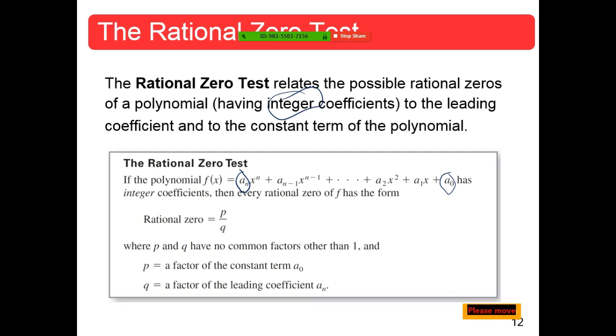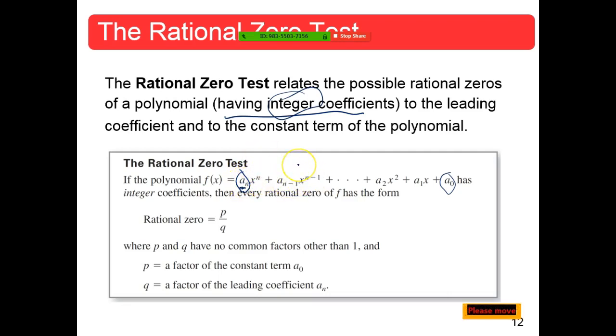Okay? Now, I want you to remember what had to be true. This a sub n can be anything, any integer now. All these a's have to be integers now for this to work. Okay? Rational zeros test. They're all integers, but this one cannot be 0. Because you see, if a sub n was 0, that means this is not an nth degree polynomial, because this whole term would be 0.